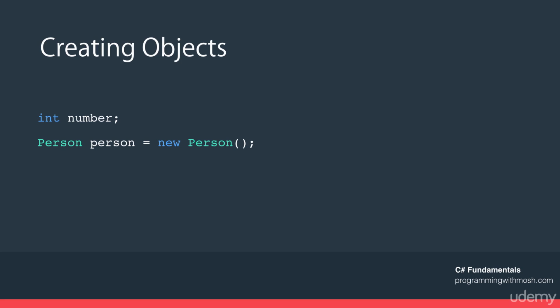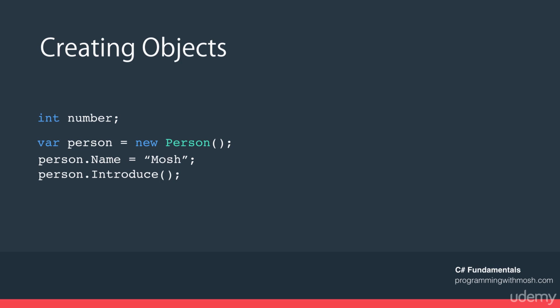So to allocate memory to an object, use the new operator, and then repeat the type of the class and parentheses. You can make this code a bit shorter by using the var keyword that you learned earlier. And now that we have a person object, we can access its members like name field or the introduce method using the dot notation.